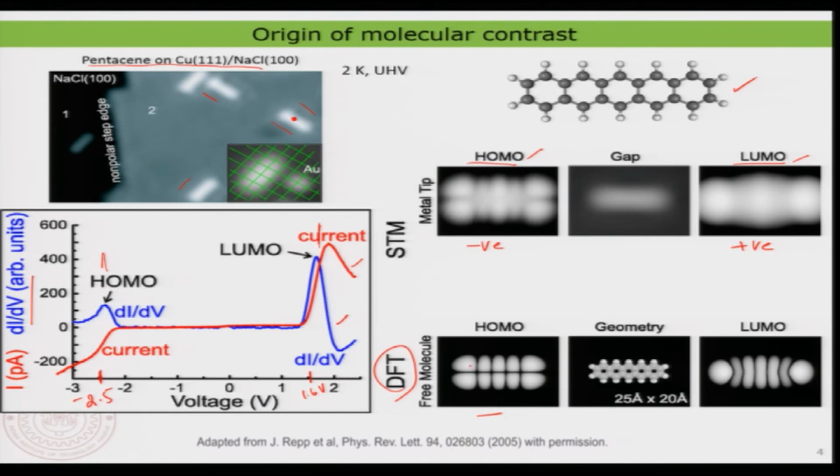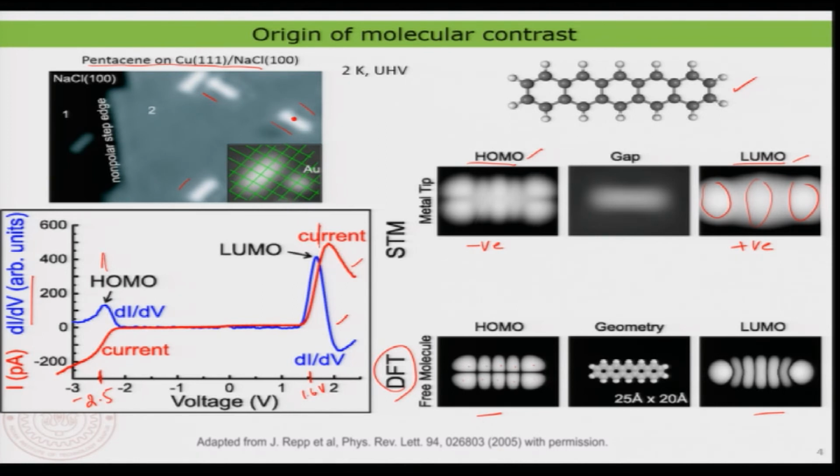So, this has about 1, 2, 3, 4, 5, 6, 7, 8, 9, 10 bright protrusions, and you can see clearly that this is also reproduced in the STM image, particularly at the negative voltage. At the positive bias, of course, it is not that clear, but you still see some contrast that somewhat matches the theoretical calculation.